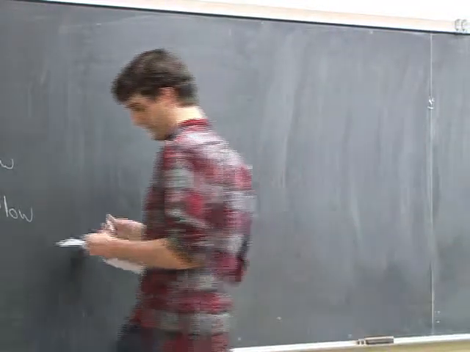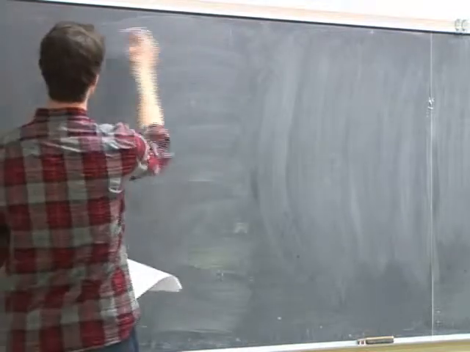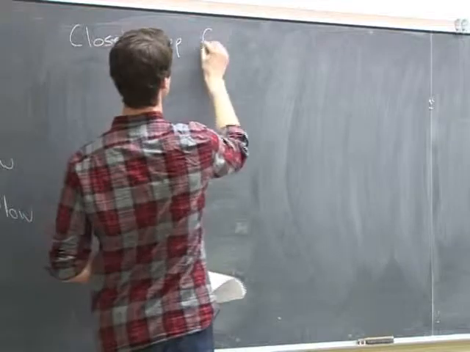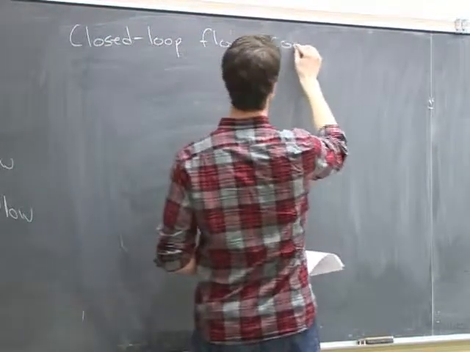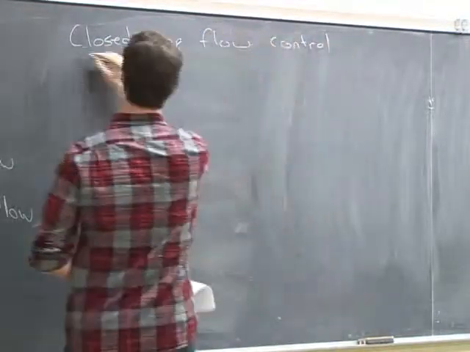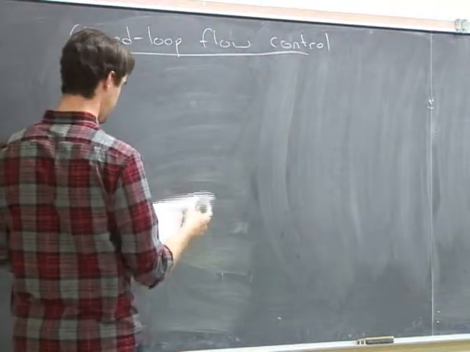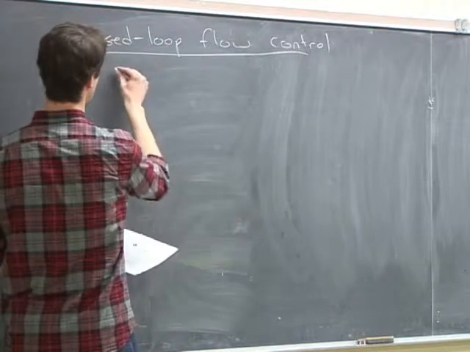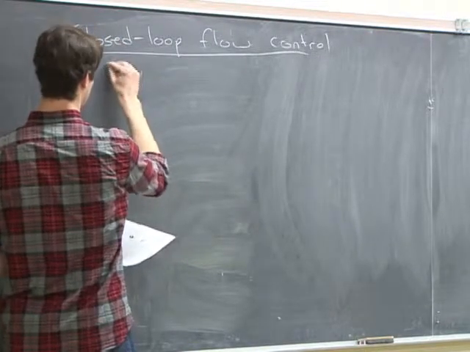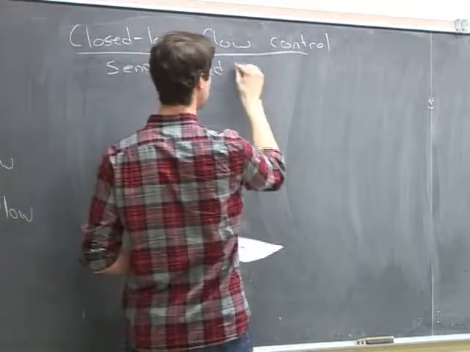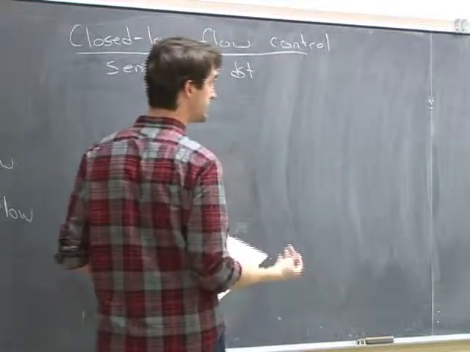All right, so now that we've learned the simplest type of flow control, let's look at something more interesting, and this is called closed loop flow control. Now here we actually do have communication between the sender and the receiver. So the sender and receiver in this case actually dynamically decide on a sending rate.